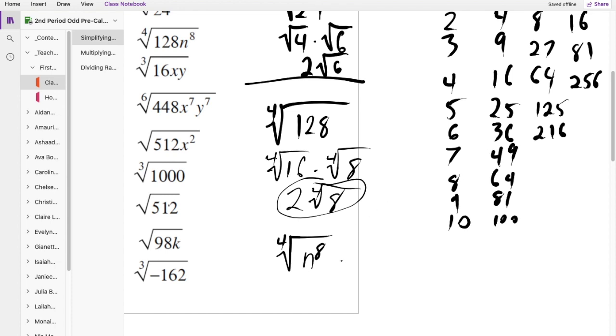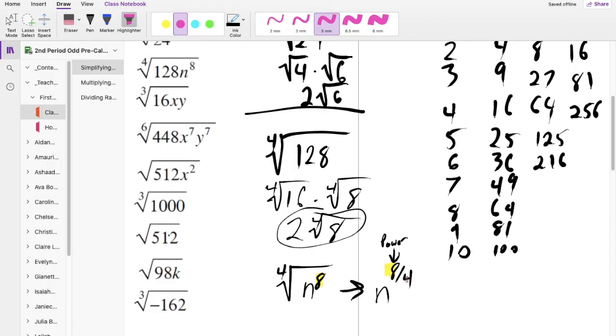So this is going to change into n to the 8th divided by 4. This top number is your power of whatever it came out from. So here's that 8. And then our denominator is whatever our index was.